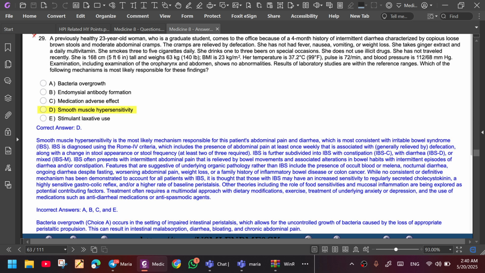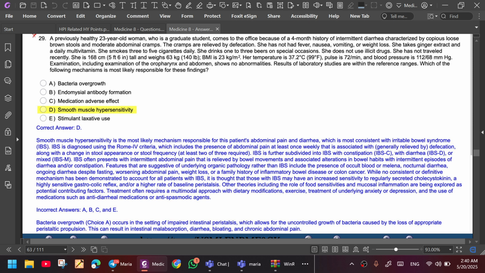Other theories, including the role of food sensitivities and mucosal inflammation, are being explored as potential contributing factors. Treatment often requires a multimodal approach with dietary modification, exercise, treatment of underlying anxiety or depression, and use of medications such as anti-diarrhea medication or antispasmodic medication.